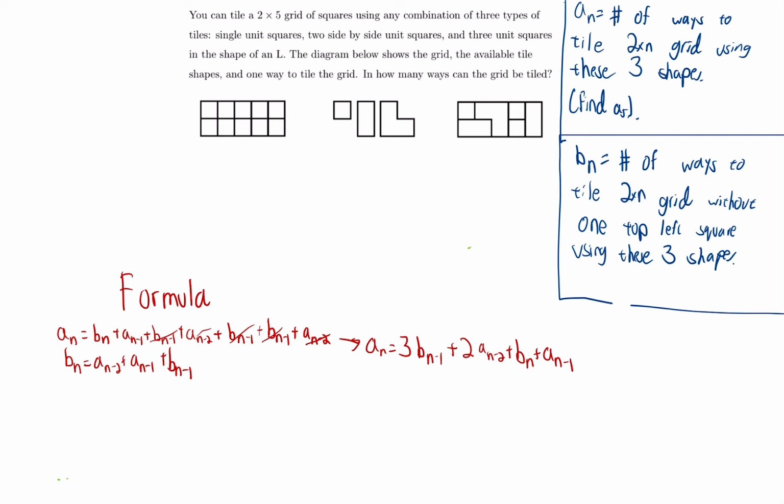Okay, so now let's substitute this into here, because we can rewrite a of n if we split out some things, because summing together is essentially the same exact thing.